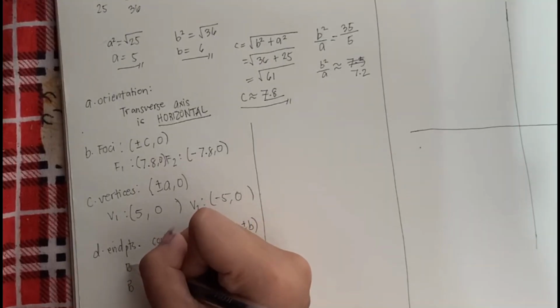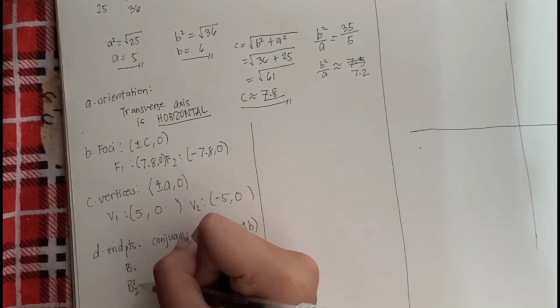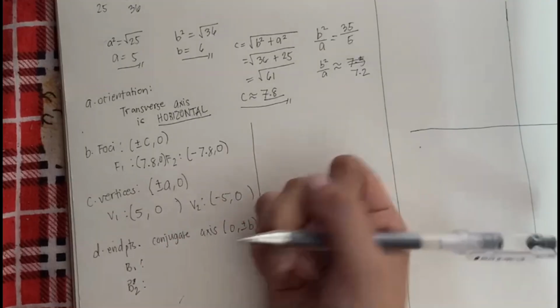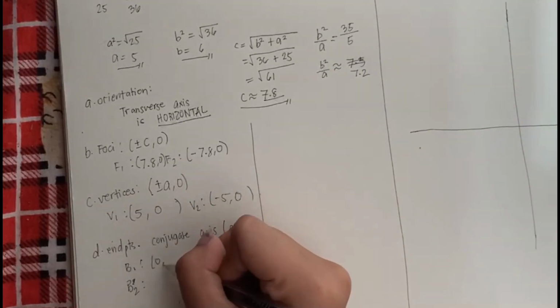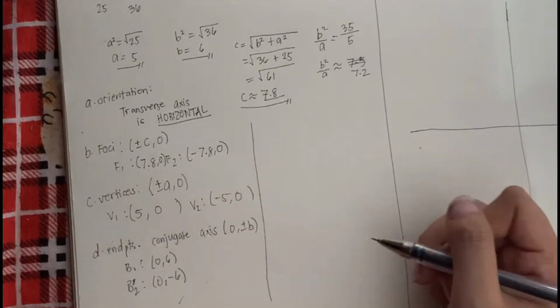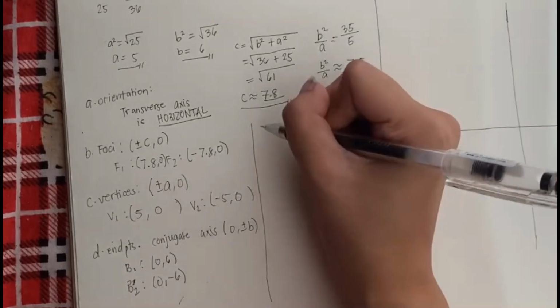If you're wondering where to plot the conjugate axis on the graph, I will be showing you later on. So, you have to substitute b. It will become 6 and negative 6.